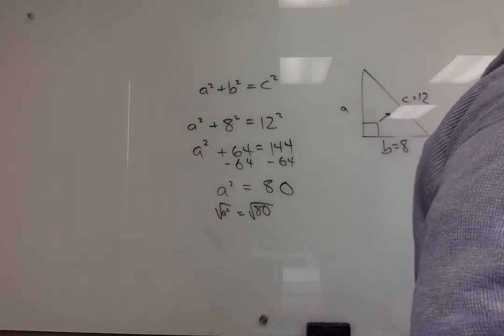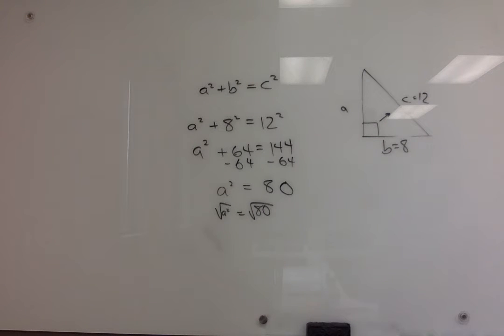So grab your book. Let me go ahead and grab mine here. Then you're going to look up the square root of 80. Remember, that's in the back of your book on page 419.